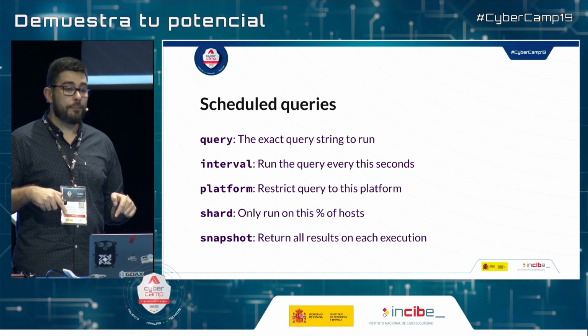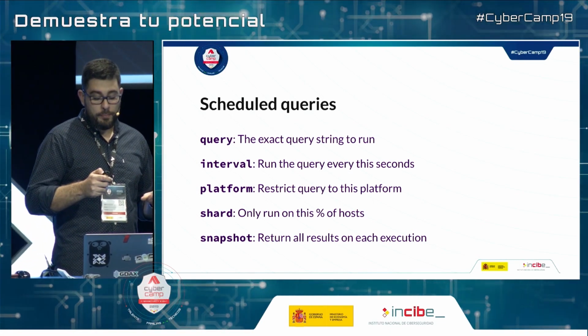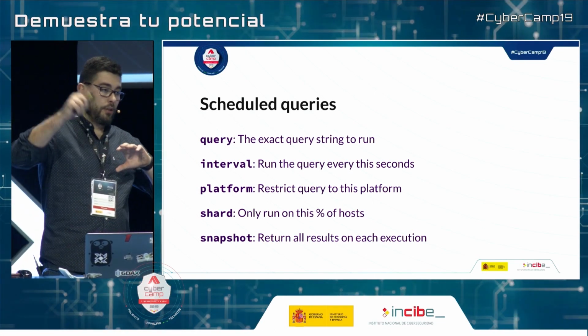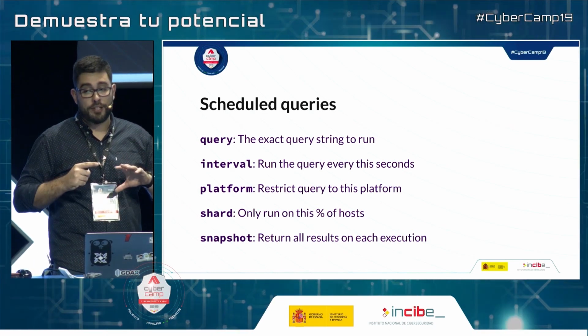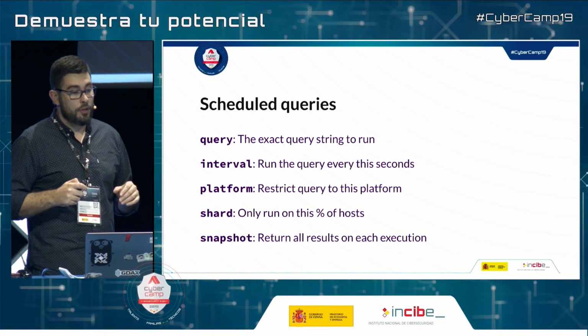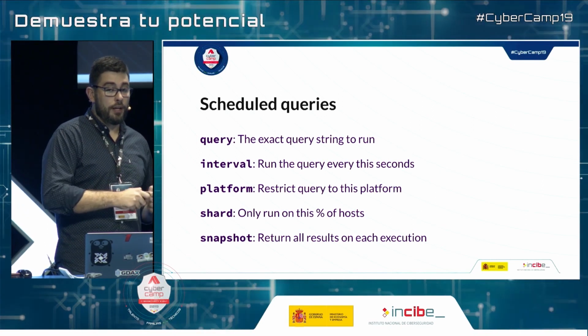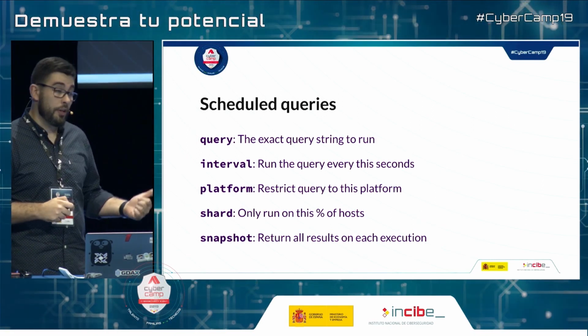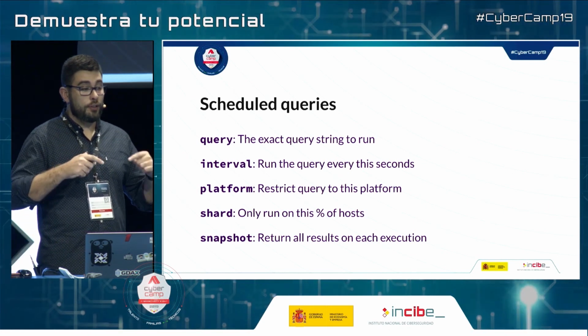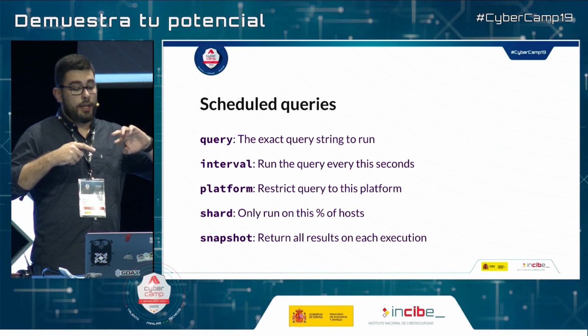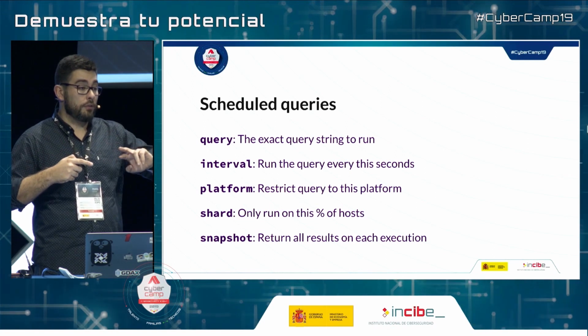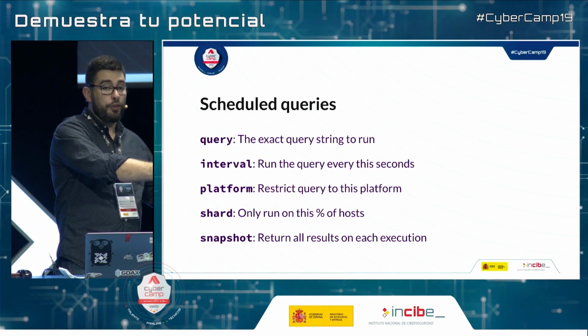So it's not going to execute them constantly, but just statistically and internally, without really talking to the other machines, it's going to be executed a percentage of the time. Say you have a query with a sharding of 50% of hosts, so what's going to happen is that 50% of the time it's not going to be executed.